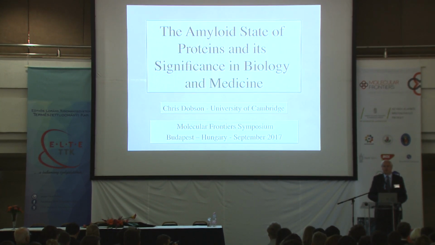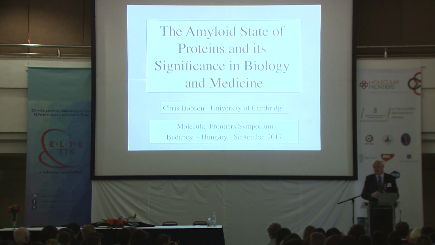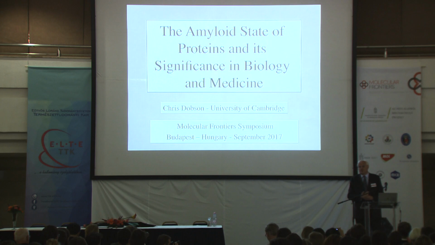You've heard in a number of talks yesterday and today about the fact that peptides and proteins can form the amyloid state under some conditions, and that this can be deposited in tissues.